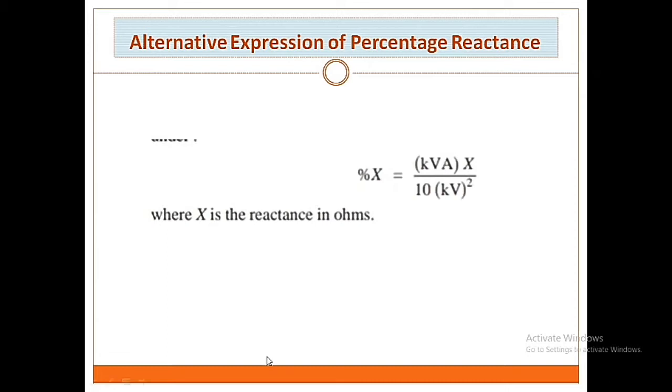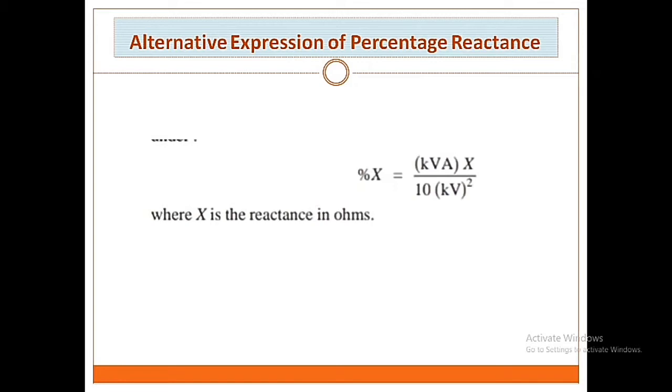So the other expression of percentage reactance is kVA into X by 10 into kV square, where X is the reactance in ohm.